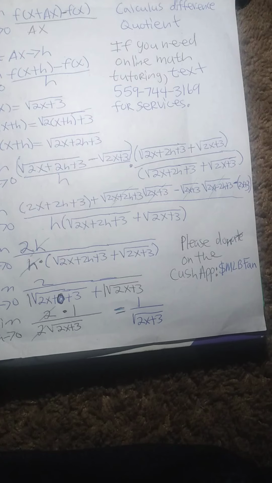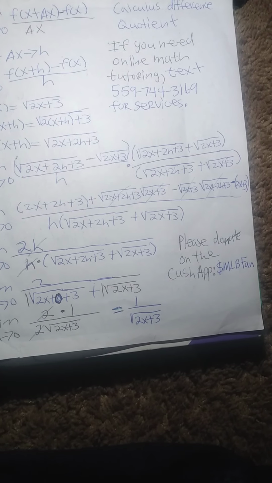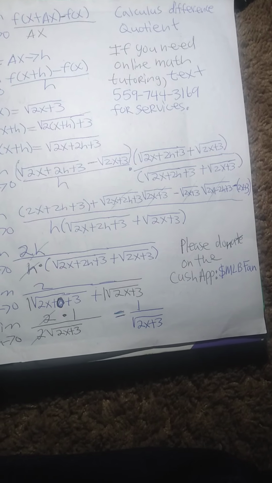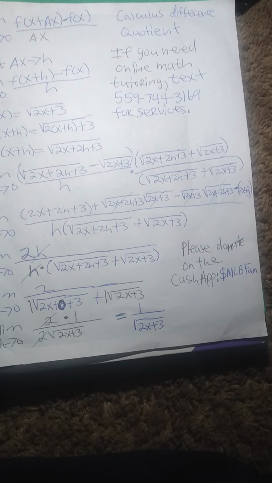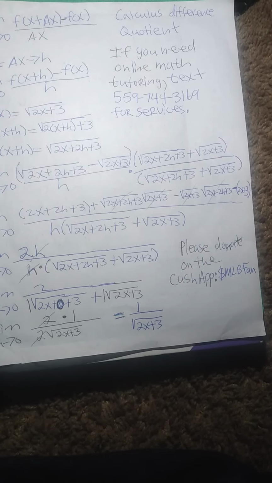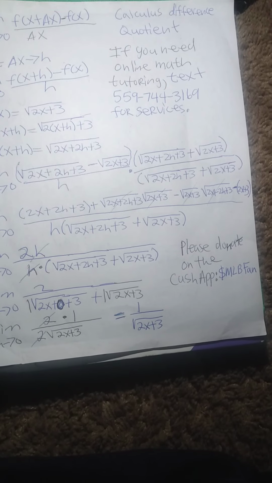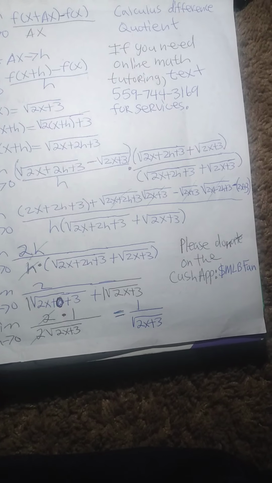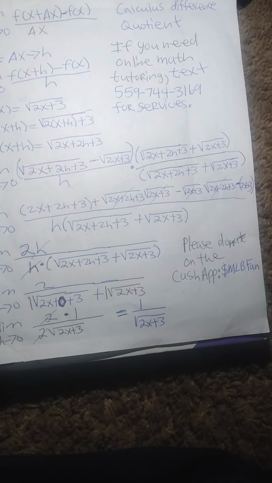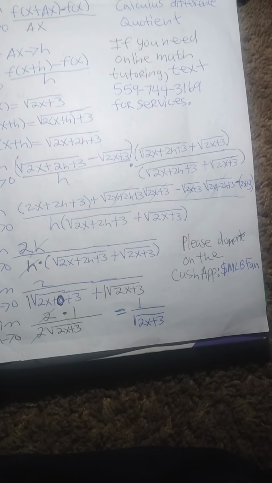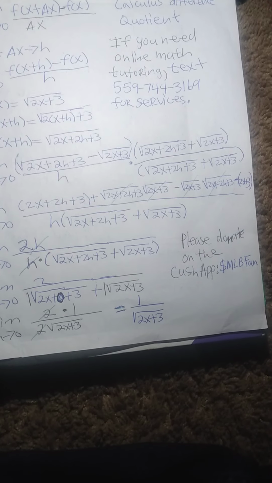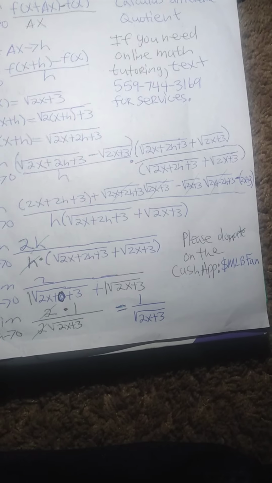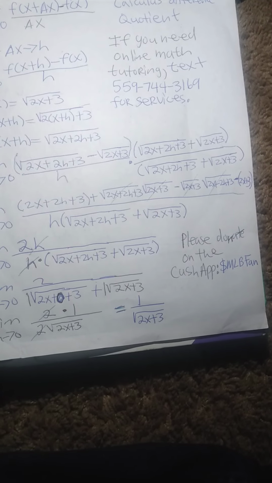Because if we flip the square root of 2x plus 2h plus 3 multiplied with the square root of 2x plus 3 as the third set of multiplication, you will get nearly the identical set of the second set of multiplication that is occurring in the numerator, and they will cancel out as you see the green pen marks going through.